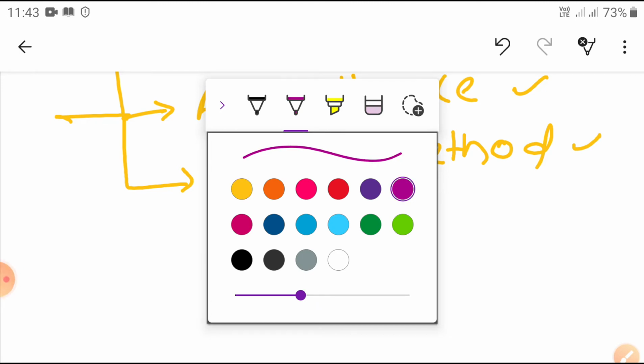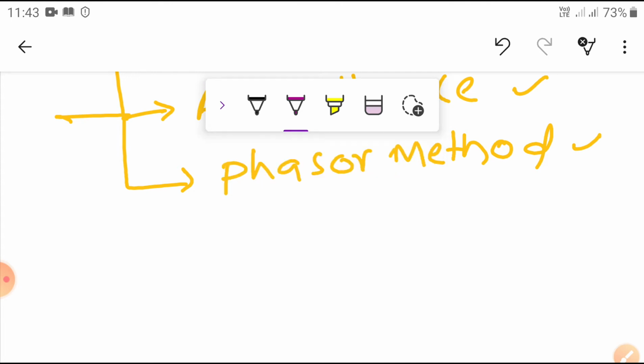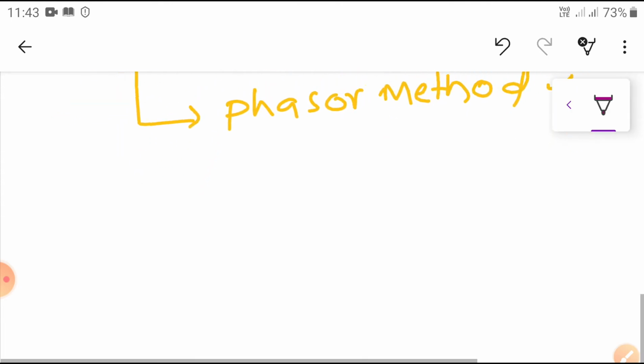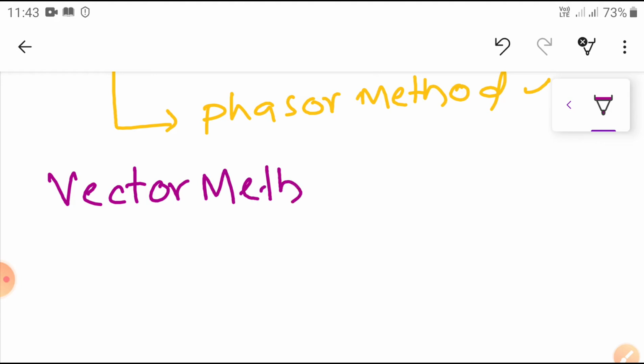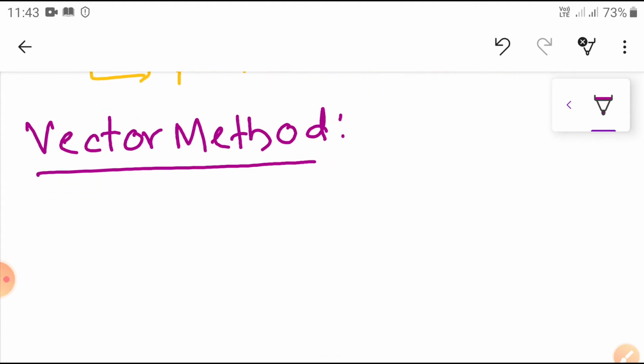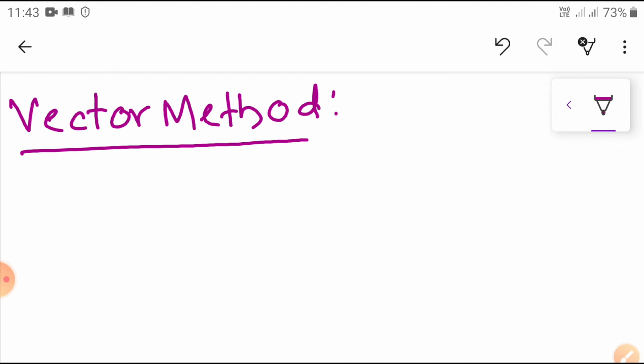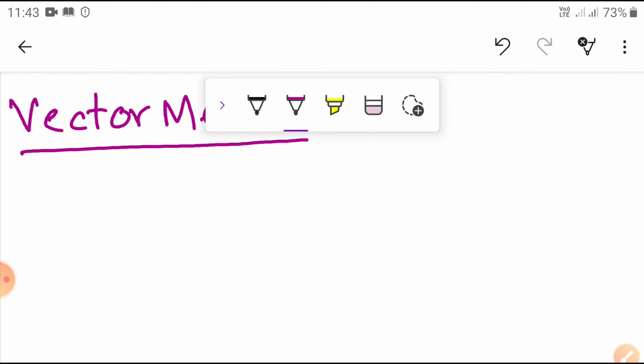The first method is the vector method. What is the vector method? In the vector method, let us draw one simple circuit.